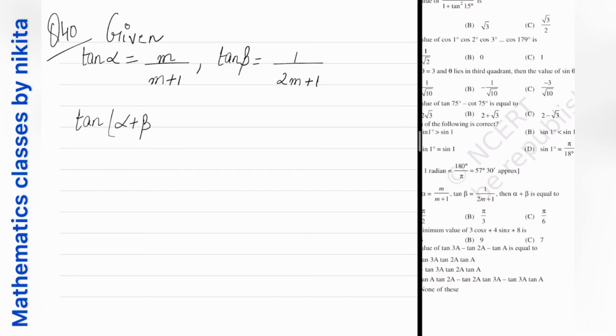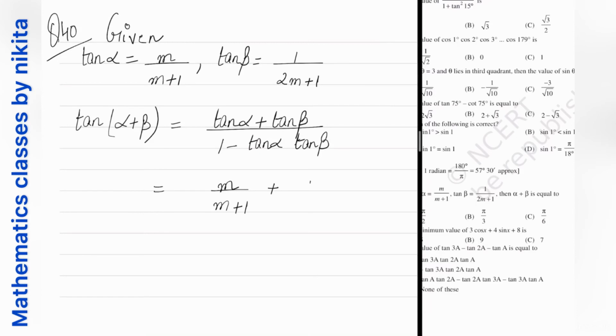So tan of alpha plus beta is equal to tan of alpha plus tan of beta divided by 1 minus tan alpha tan beta. Now just substitute all the values which are given in the question. So tan alpha m over m plus 1, then plus 1 over 2m plus 1, then this whole divided by 1 minus m over m plus 1 multiplied by 1 over 2m plus 1.